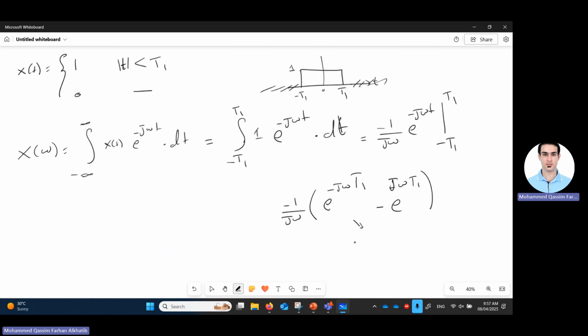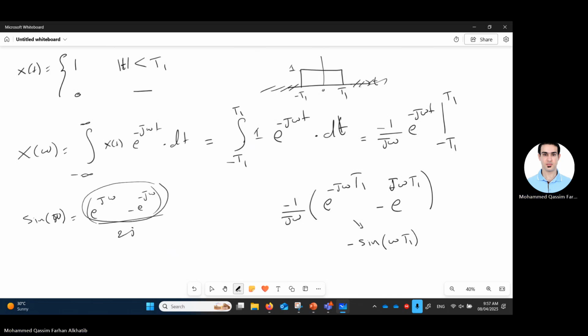So this will lead to minus sine of omega t1. But we are not done yet. We know from Euler's identity that sine omega equals e to the power j omega minus e to the power minus j omega divided by what? 2j. So I'm having this expression only. So that's going to be sine omega times 2j. Do you agree with me on this one?